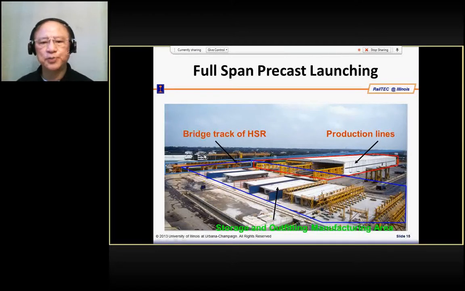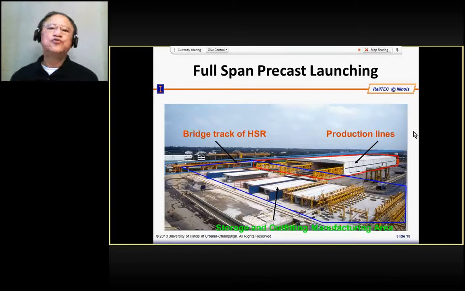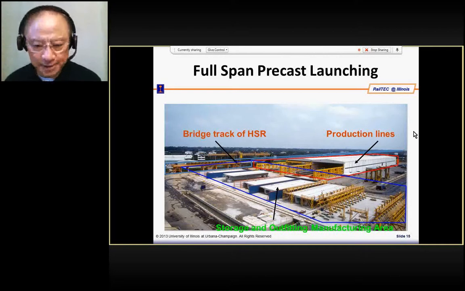This transporter can transport along the line, and then there's a launching machine at the end which will launch the girder. This is the construction technique used in the so-called full span precast launching method.